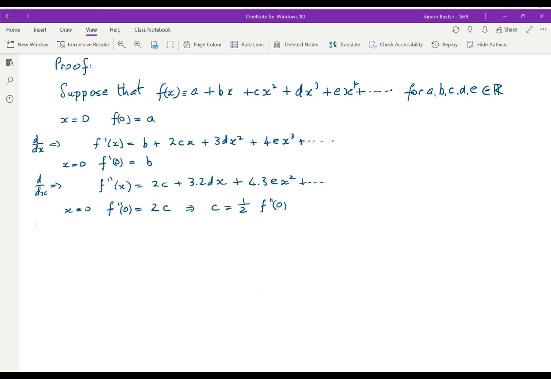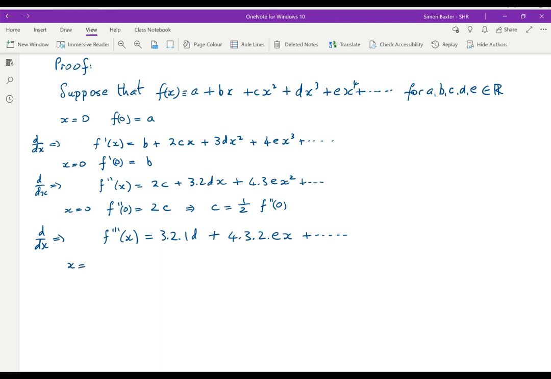And continuing in the same way, we differentiate again. That will give us f'''(x) is 3 times 2 times 1 times d + 4 times 3 times 2 times ex, and continue.